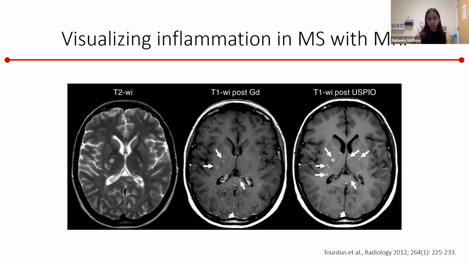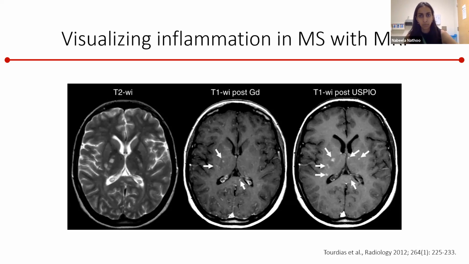And so this study from a number of years ago shows a standard T2 weighted MRI sequence on the leftmost image. And you can see some hyperintense areas involving some of the white matter just by the basal ganglia. And then with the middle image, you have a T1 weighted image after gadolinium, and the arrows thankfully point out the areas that are bright there.